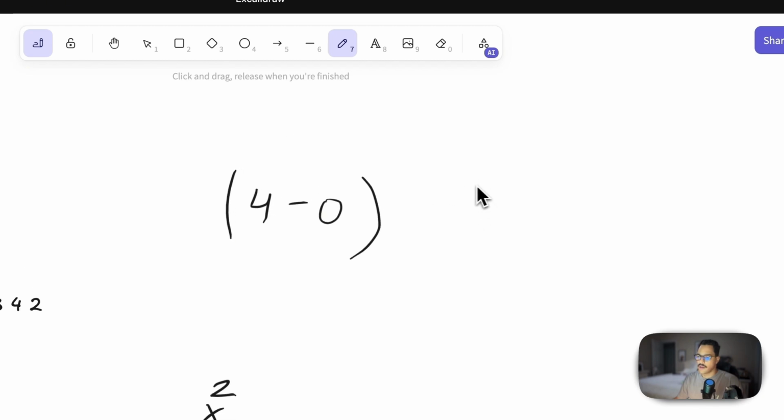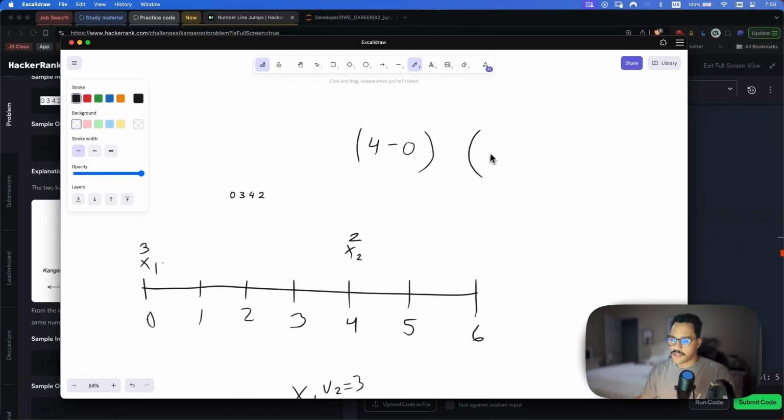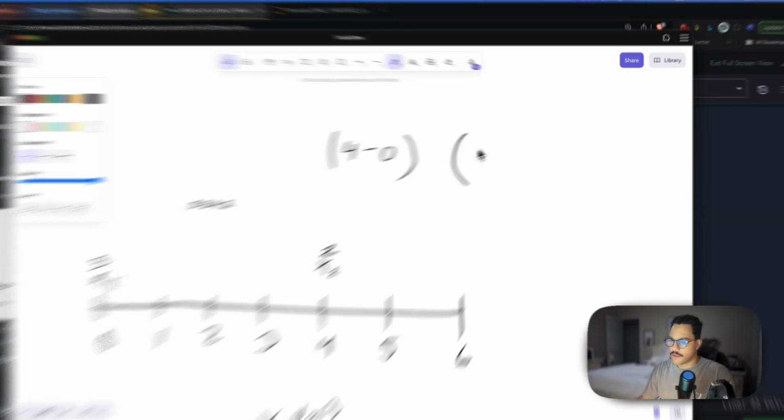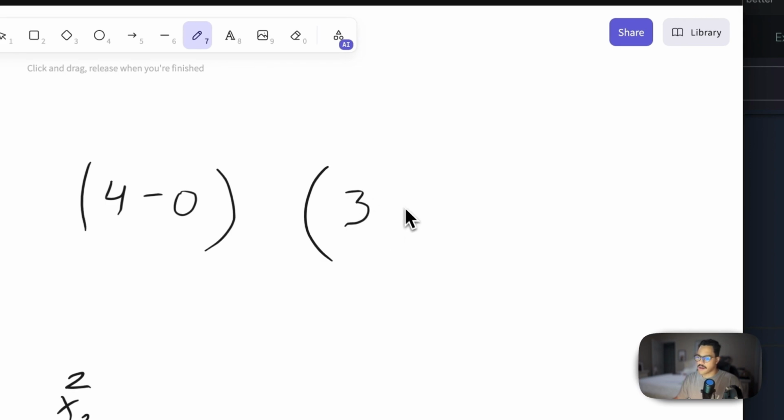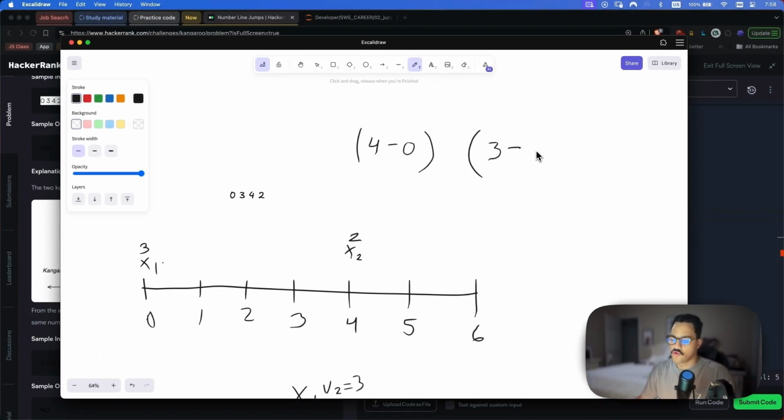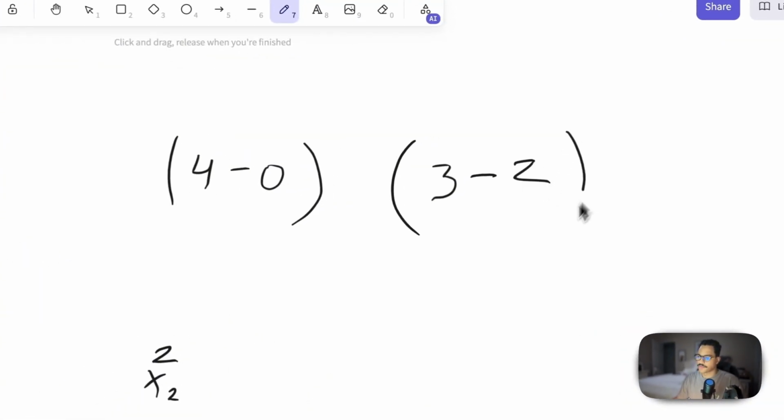And one kangaroo is going to be faster than the other, so it can catch up. So we'll assume that kangaroo 1 is going to be the faster one. We'll say this kangaroo, the velocity 3, minus 2. So 4 minus 0 is 4.